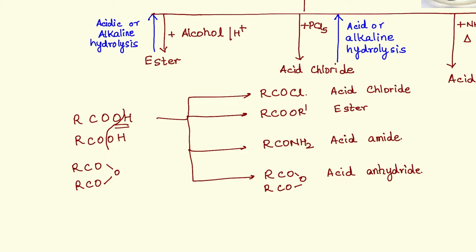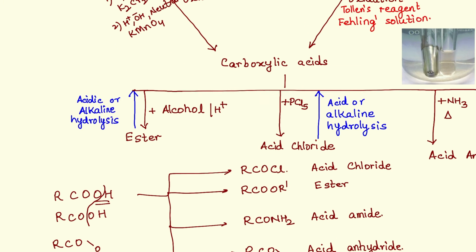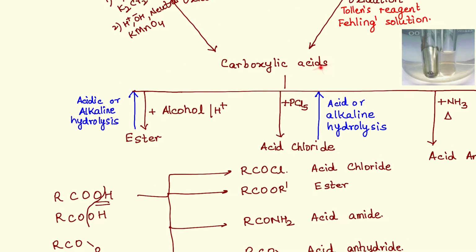That is, oxygen is linking the two molecules together, giving them a single structure, what we call an acid anhydride. So you have four of these acid derivatives. In the same flow chart, I have converted the carboxylic acids to each of these derivatives.